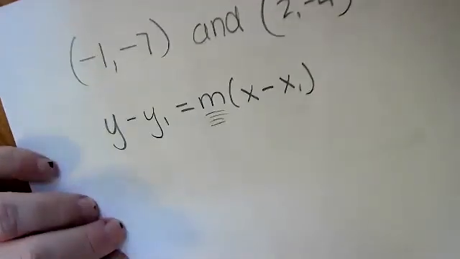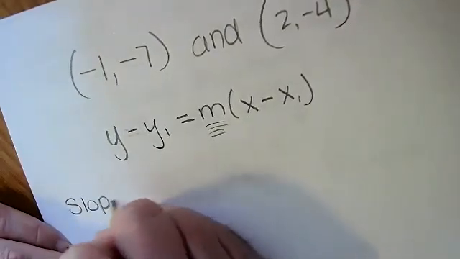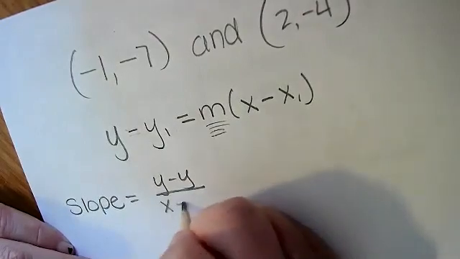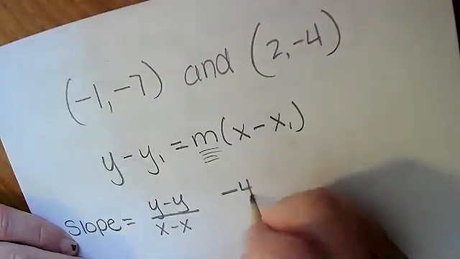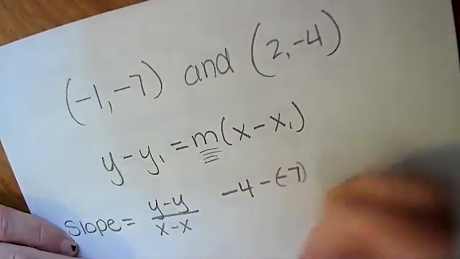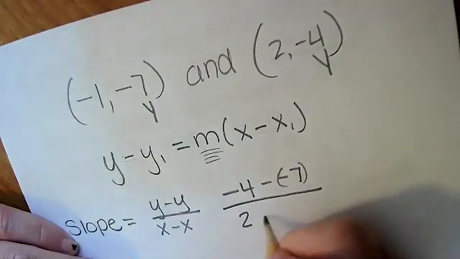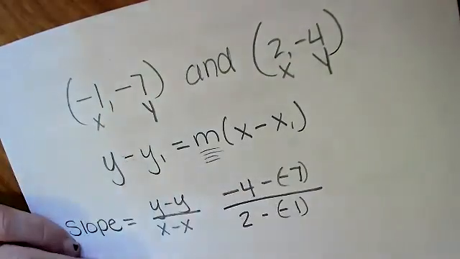So let's find my slope right now. Okay, remember, to find slope, you subtract your y values over your x values. So it's -4 minus -7. These are my y values. Over 2 minus -1. Those are my x values.